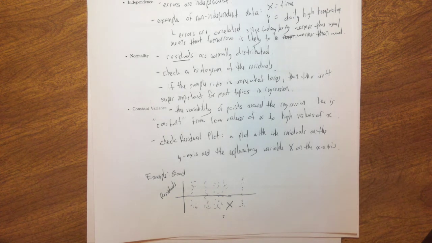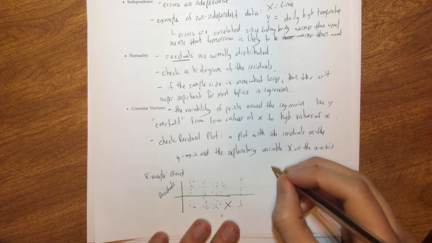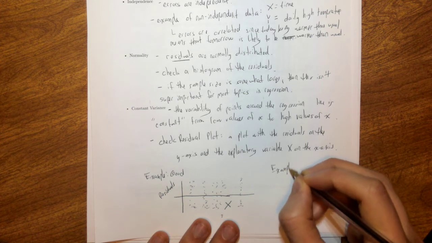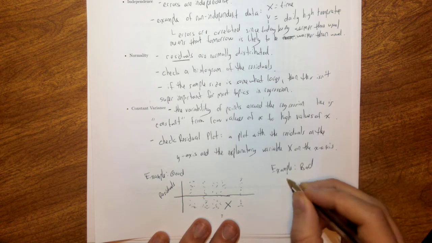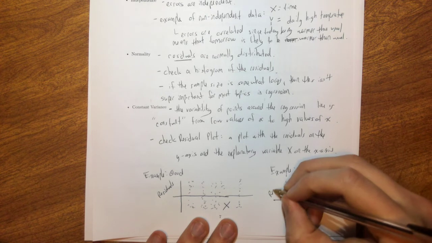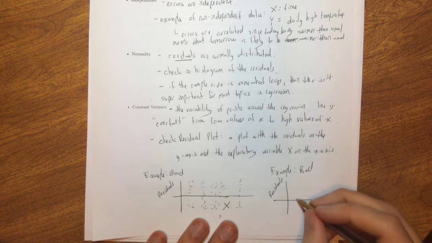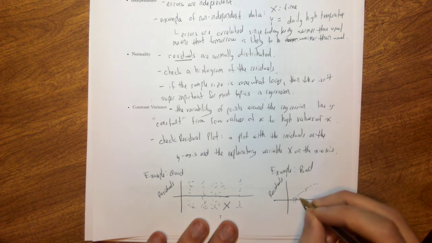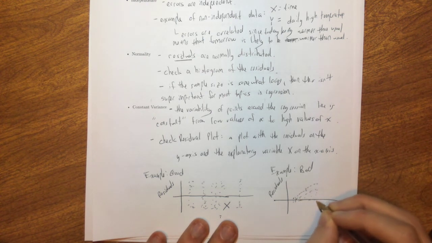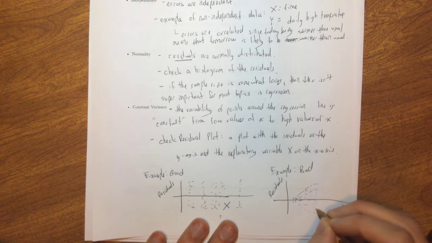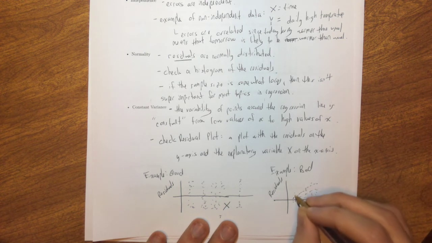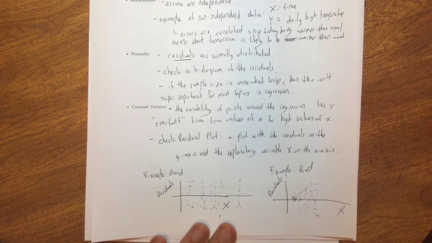Something where this constant variance assumption isn't going to hold: I'm going to draw another graph with residuals on the y-axis and x on the x-axis. The most common example that you'll see where this doesn't hold is this funnel-shaped pattern.